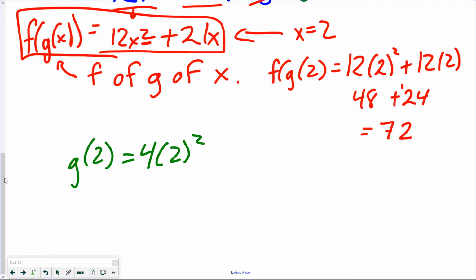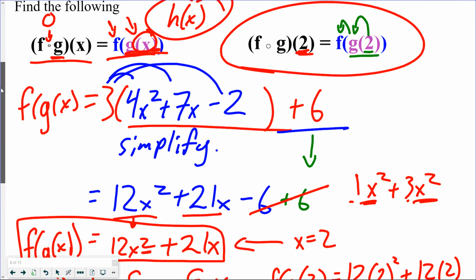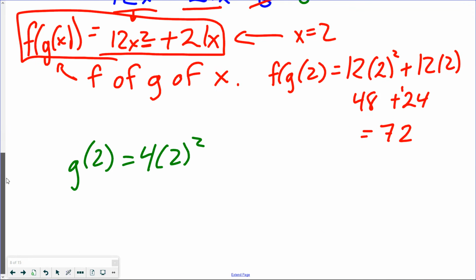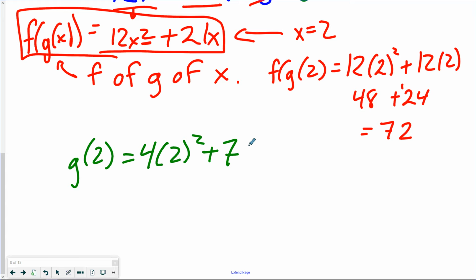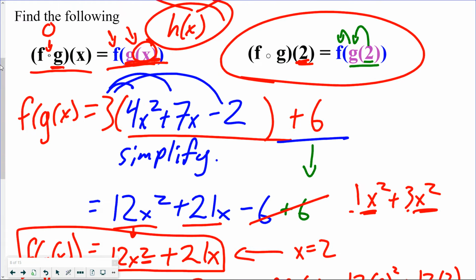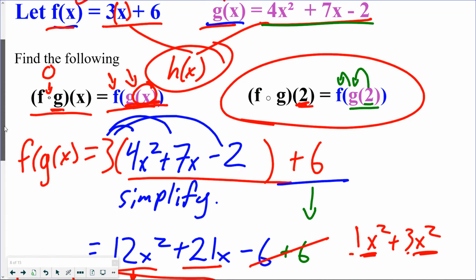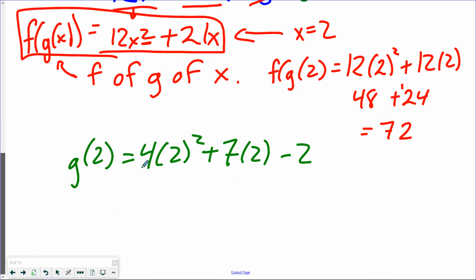Yep, minus 2. So we'll simplify this. 2 squared is 4. 4 times 4 is 16. 2 times 7 is 14 minus 2. So this is 28.